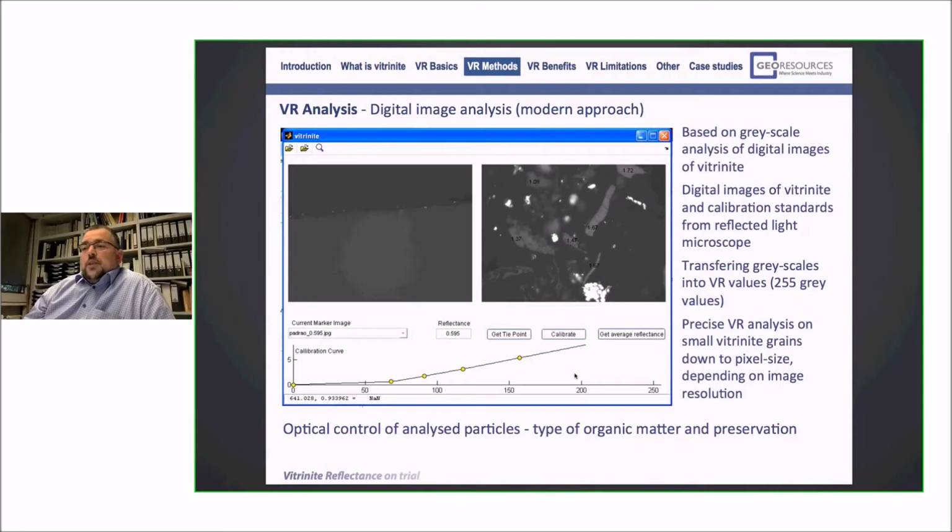So this gives us an additional benefit with this method to have an optical control of the particles that we analyze, which is much better than the analysis with the photometer. So this is a technique we use.